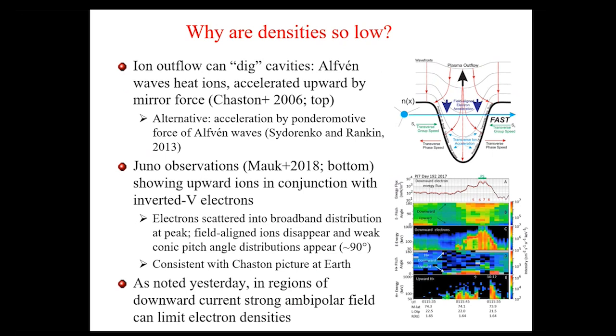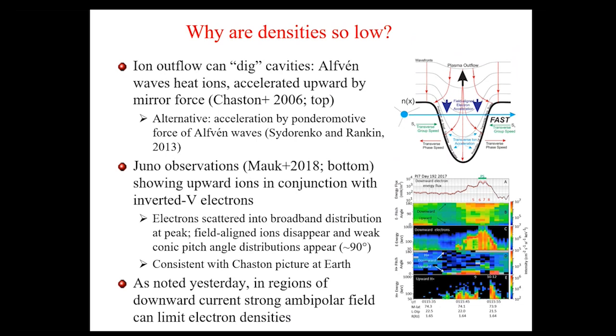So why does that happen? One of the main mechanisms, which I think is relevant here as well, was illustrated very nicely by Chris Chaston in the context of Earth, where they had a fast flyby that passed through a deep density trough, and near this region was a very alphanic region, with very strong alphane wave turbulence and upward flowing ions.